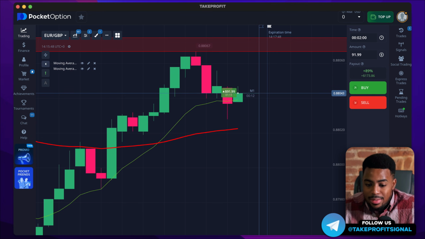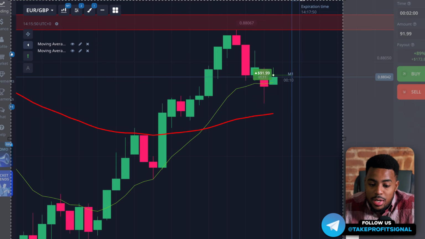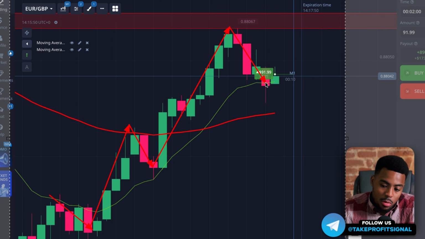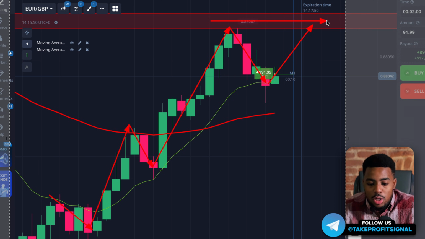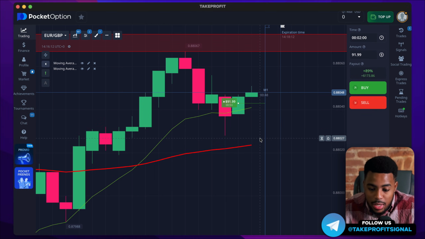Therefore, what I did was wait for a correction to occur. As you can see, during this wave of growth, we also had corrections. So there was a correction, then growth again, another correction, more growth, and now another correction. I hope that now our chart will continue moving toward this resistance level. There's nothing complicated about it.